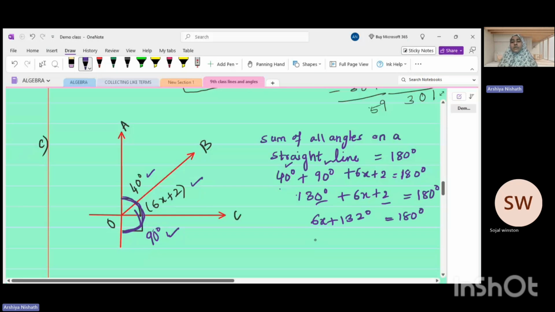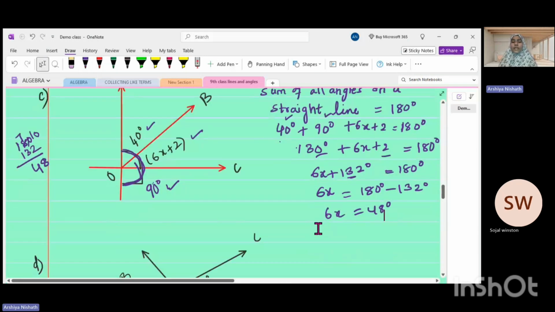I want x only, so first I will send this 132 to that side. Addition goes that side, it becomes subtraction. Simply 180 minus 132. This will be 10, this will be 7. 10 minus 2 is 8. 7 minus 3 is 4. 48, isn't it? 6x is equal to 48.